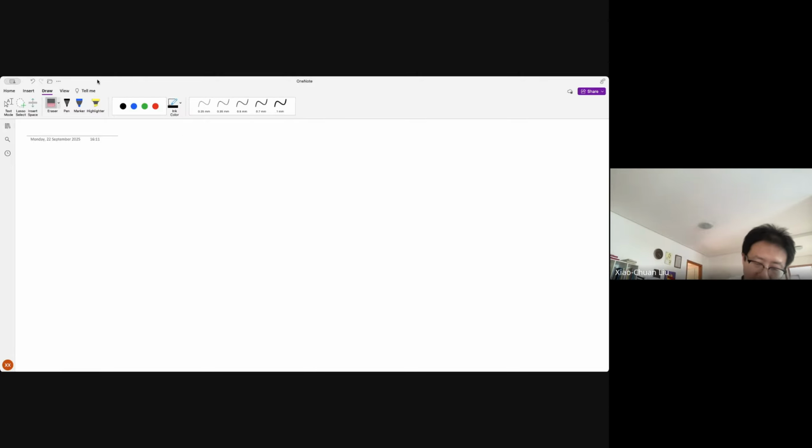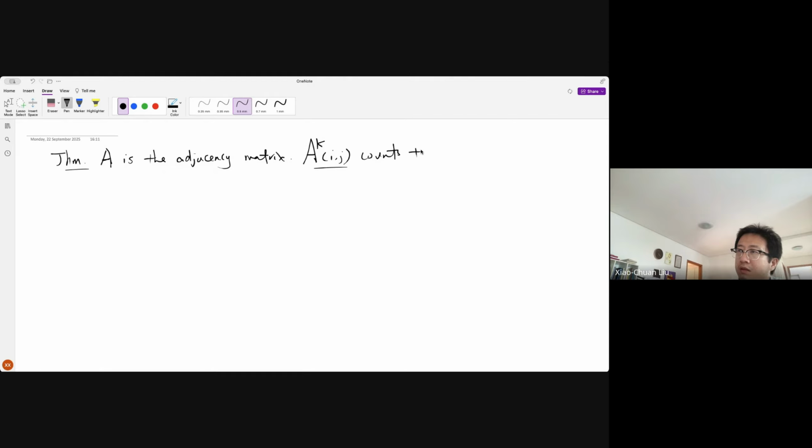In particular, we have shown that if we look at the adjacency matrix A, then each entry of A to the power of k counts the number of walks from i to j of edge length k. Okay, so this is the theorem.